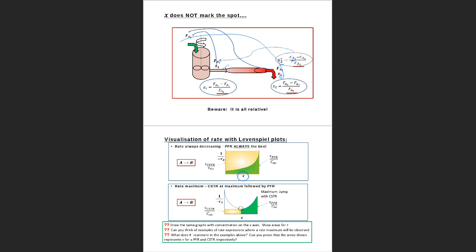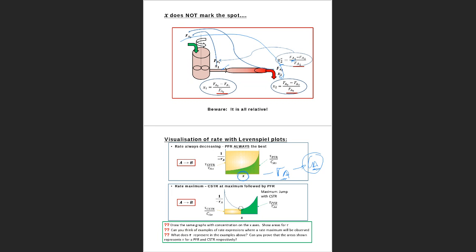The true answer is that the Levenspiel plot is blind to your reactor type. It is just a representation of how your rate changes with conversion. We might say it's just concentration, and in your earlier subject, CKN, it was just to say, if I have different concentrations, how does my rate behave?